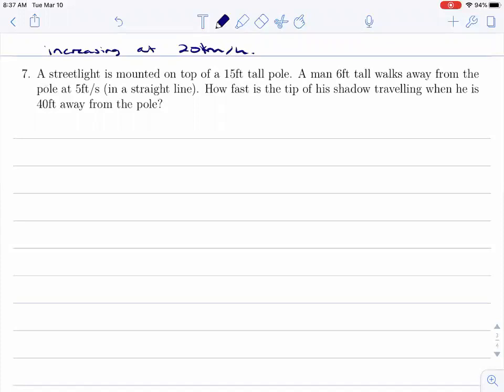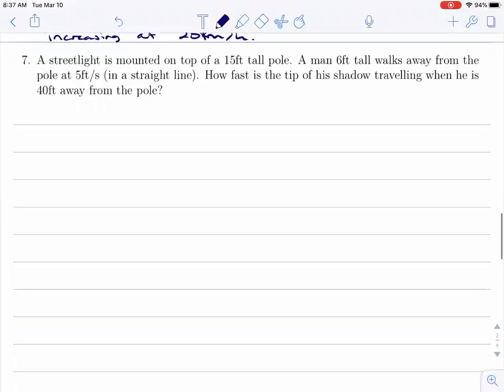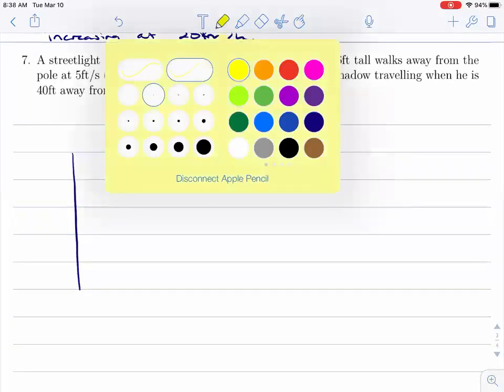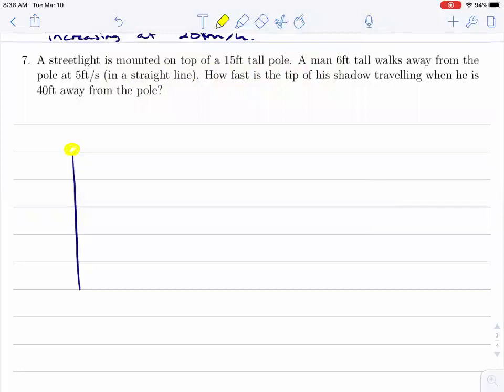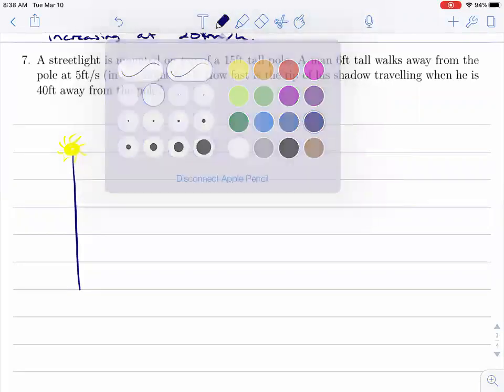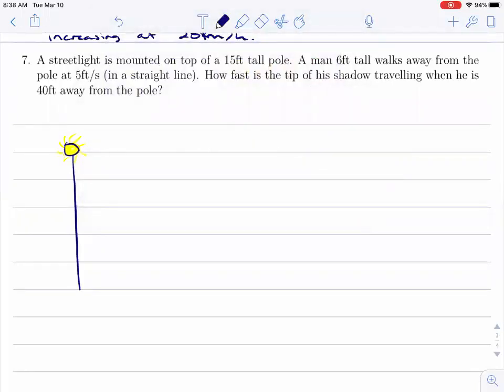All right, so first thing we're going to do is sketch this thing out and try to get a handle on what's going on here. Let's start over here. I'm told that there is a street light here, not a very good street light.